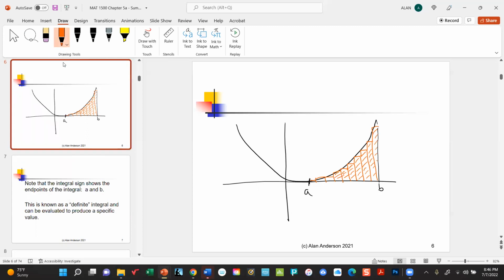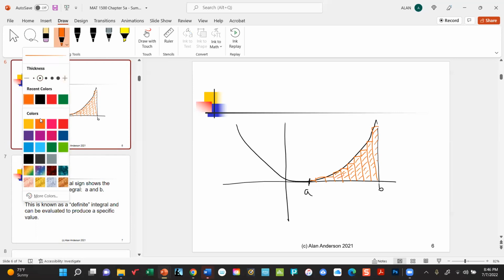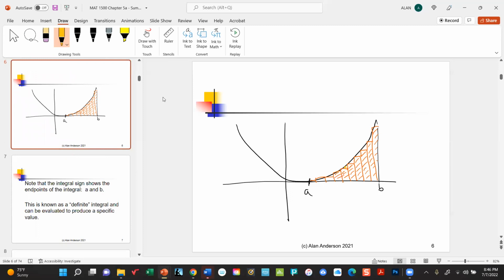Let me see if I can, I'll try to fill it in a little bit. Here, here, and here, and here. So in other words, you can see already there's going to be some inaccuracy.